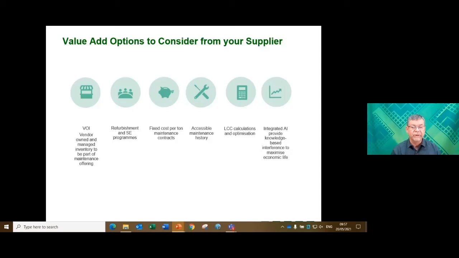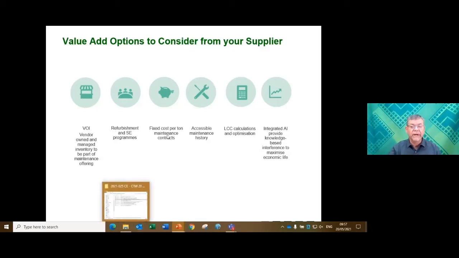The same applies for refurbishment and service exchange programs. There's no need for customers' processing plants to keep inventory on site, the quality of the work is guaranteed, and it makes life a lot easier on the site.